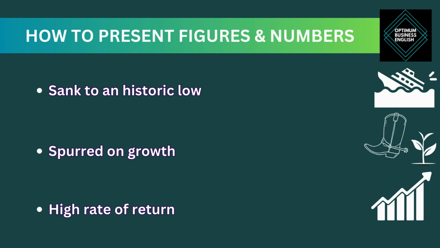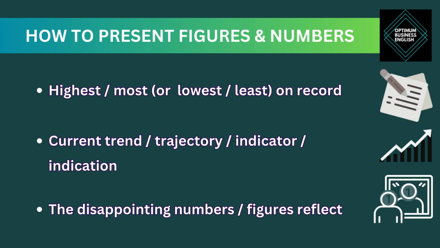At the current high rate of return, we will be able to save even more next year. 25% is the highest or most on record, and so we are now ready to expand into China. The current trend in software profits means that we are well placed to grow our market. The disappointing numbers or figures reflect the market's uncertainty about the future of the industry.